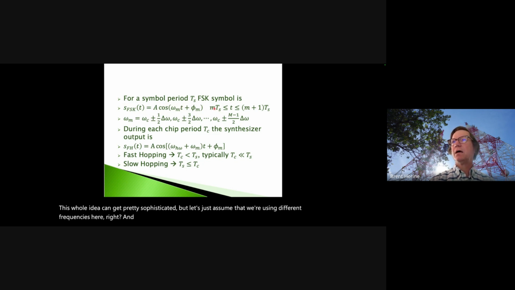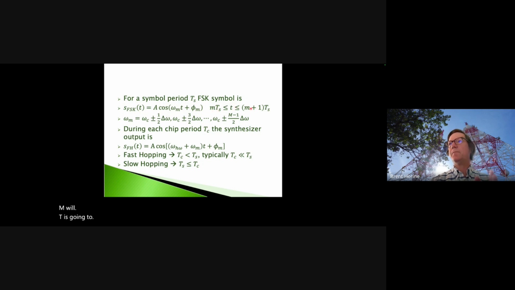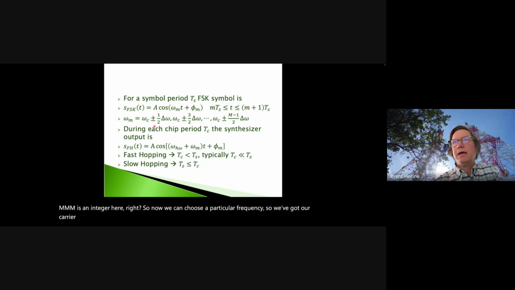And so this time is going to be in these M T sub s sampling symbol period chunks, right? So M is an integer here, right? So now we can choose a particular frequency. So we've got our carrier frequency, and then we can have either plus or minus, let's say, 1/2 delta omega.